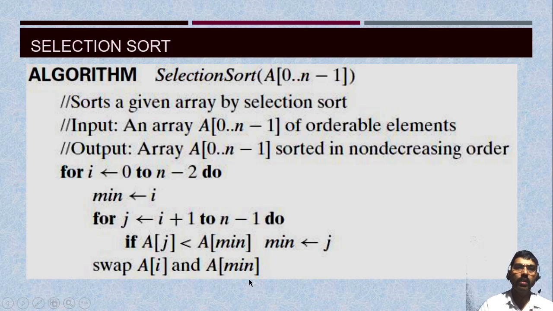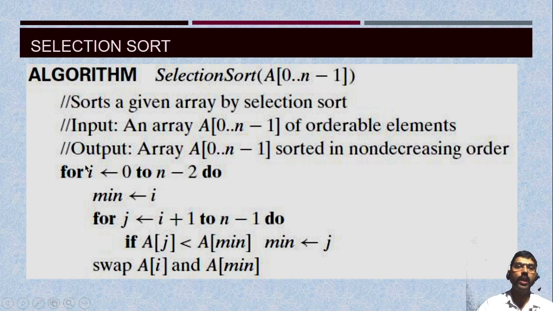Now see this algorithm. The selection sort algorithm accepts an array with n elements. Once the sorting is done, the output will be in sorted, non-decreasing order. Now how does this algorithm work?